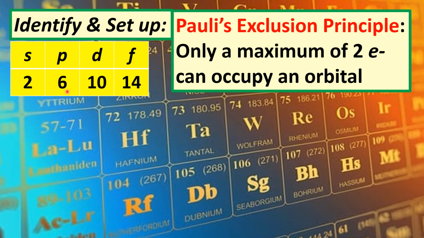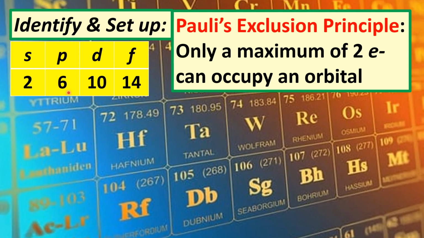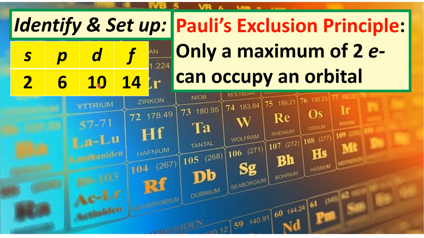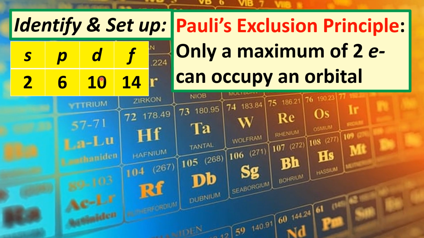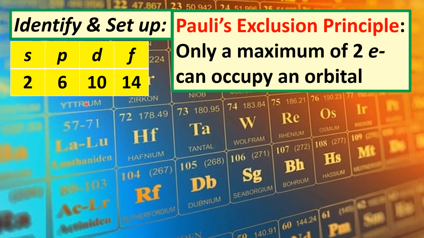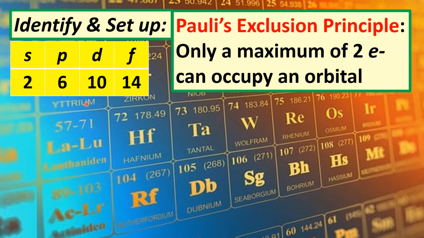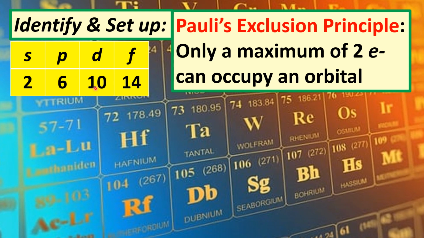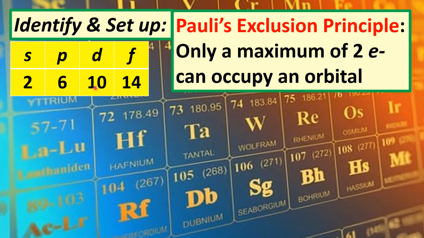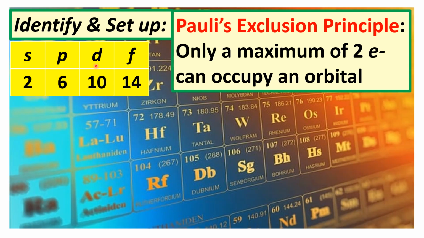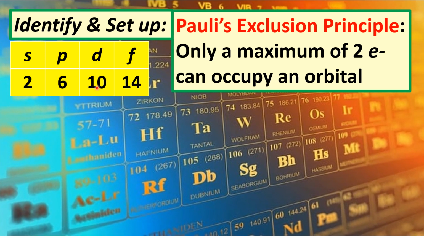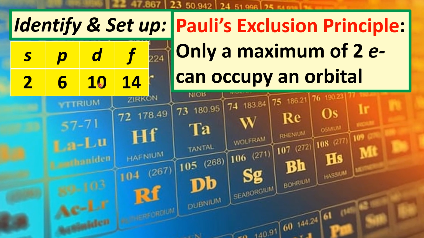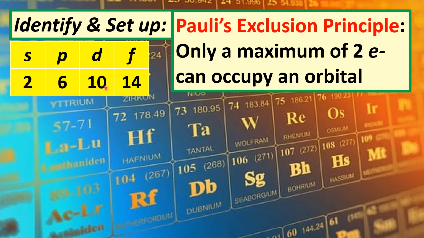That's why a maximum of 6 electrons can be accommodated in the p orbitals. For the d orbitals, there are 5 different d orbitals, commonly denoted as dx, dy, dz, dxy, and dxz. So 5 times 2, we have 10. 10 maximum electrons can be accommodated in the d orbitals.